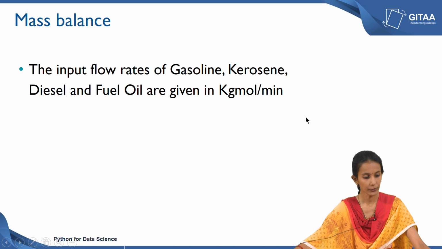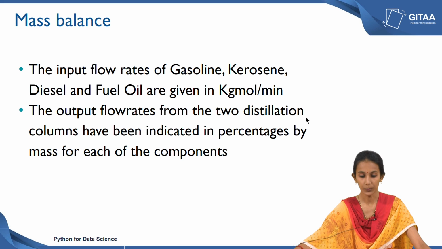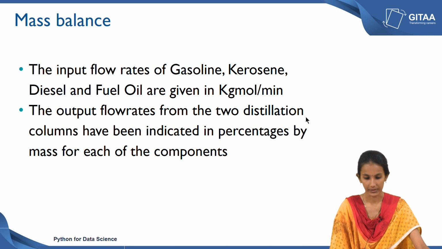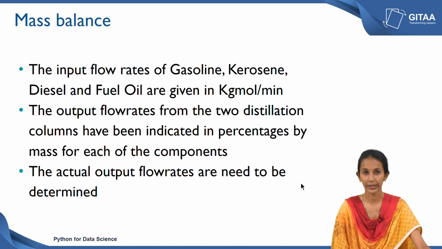Our input flow rates are given in kg mole per minute, and the output flow rates from the two distillation columns are indicated in percentage by mass for each component. The main objective is to find the actual flow rates in kg mole per minute. Let us form a system of equations using this flow rate diagram.